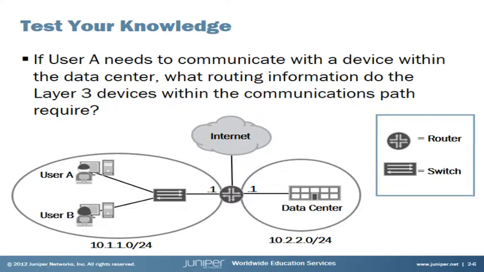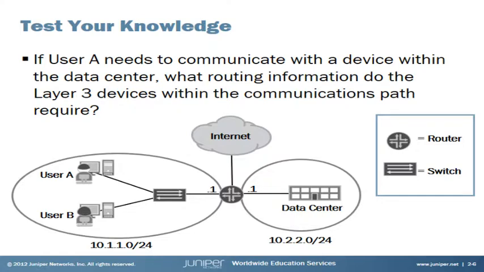I open my browser, point to the web server in the data center, somewhere on 10.2.2.0/24. What does user A's computer need to get there? The default gateway. Yeah, you need a default gateway.